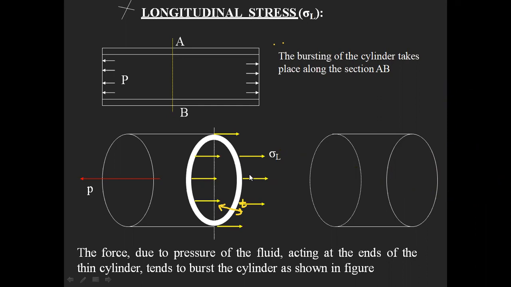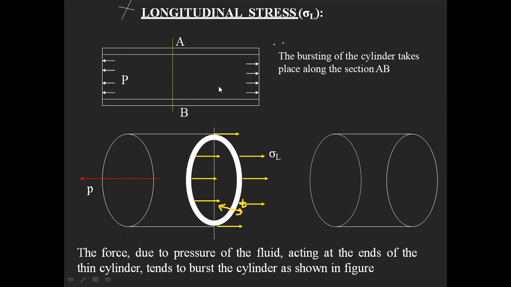Earlier we saw the force acting tangential to its circumference, but now this force is parallel to its longitudinal length or longitudinal axis. This force makes your cylinder burst at either end. This is the longitudinal force.